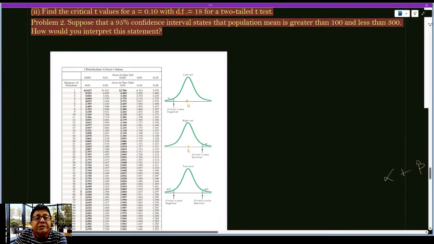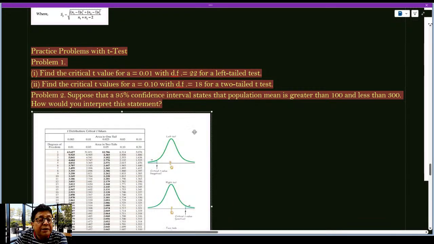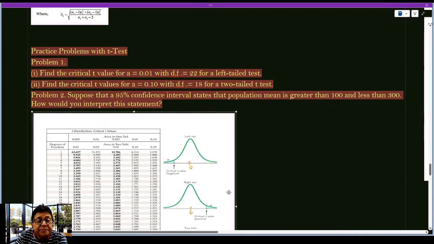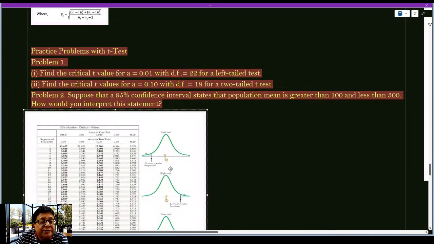So now let us see this example. Problem number 1 I have taken into consideration. This I have taken from the study material. You just open your book, you will get the idea. They are asking to calculate the critical t value. I told you the critical t value is important, it is required.